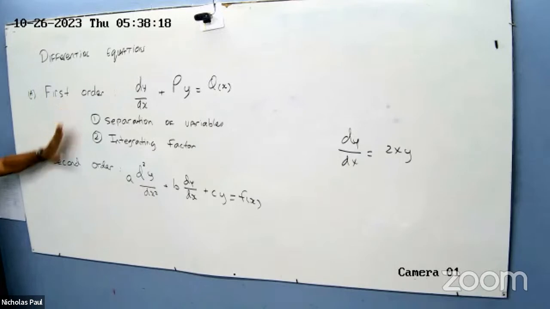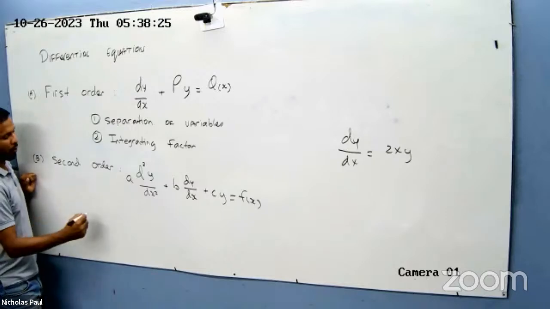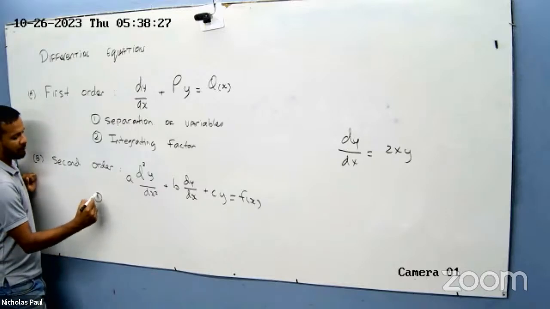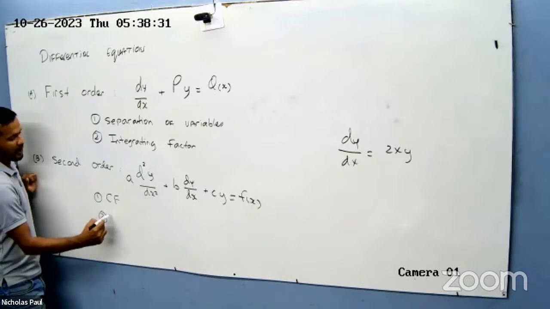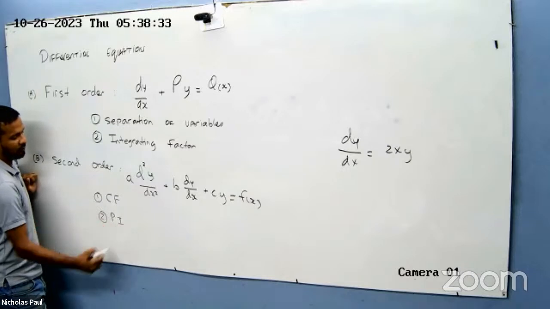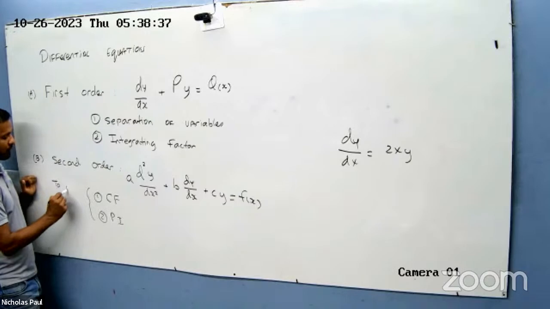This is not that long. But here is really long. These are the very long ones. And to solve second order, we're going a little bit longer. We're going to find something called a complementary function and a particular integral to obtain the general solution.